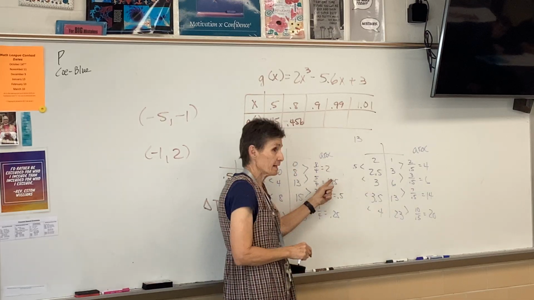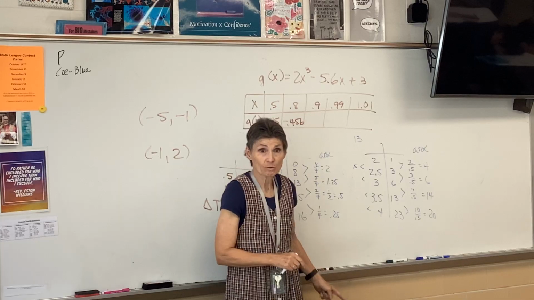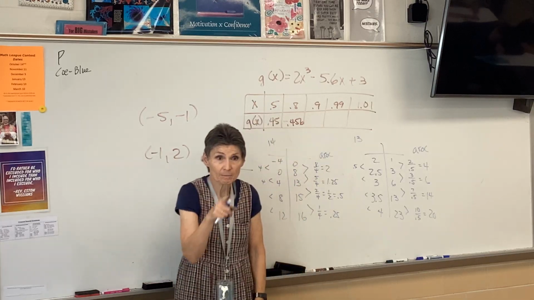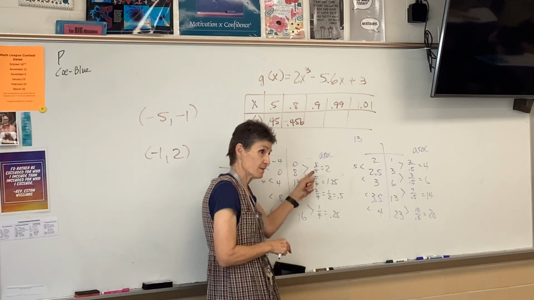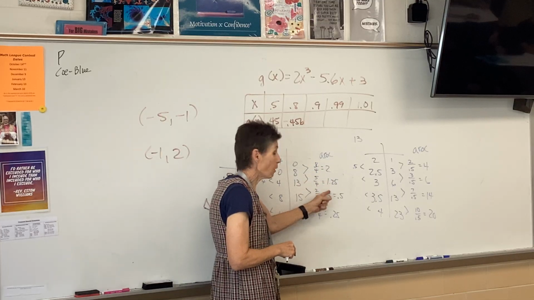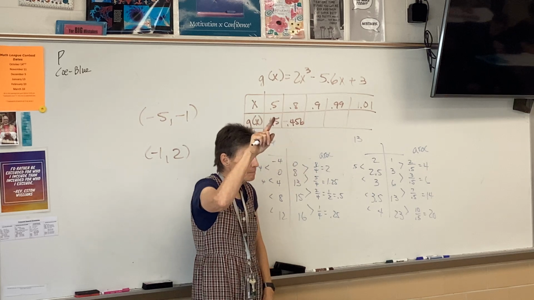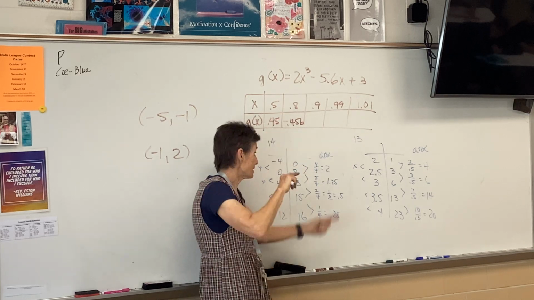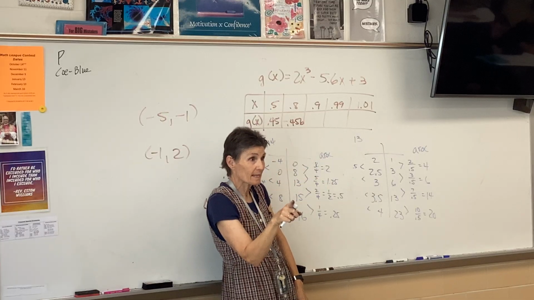But they're all getting smaller. They're decreasing, which means I am concave down. So if you were going to draw this, since these are all positive, we are definitely going up, right? But because they're decreasing, we're concave down, so we're going up on an arc like that.